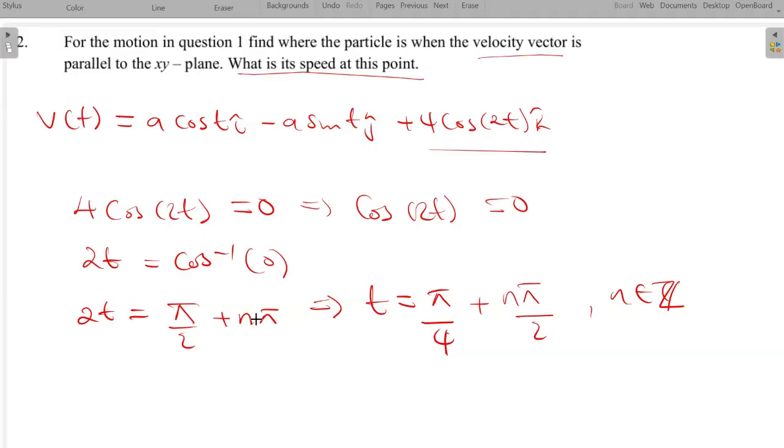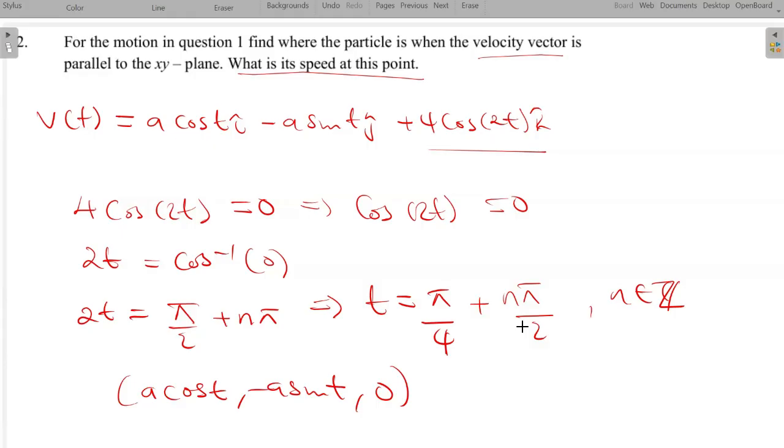So what does that mean for us? This first part is telling us to find where the particle is. Generally the particle is going to be at A cos t, A sine t, and of course the third component is 0, because that's when it's parallel, at these values of t.